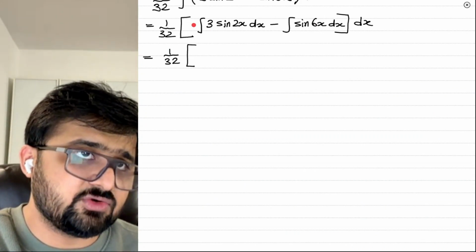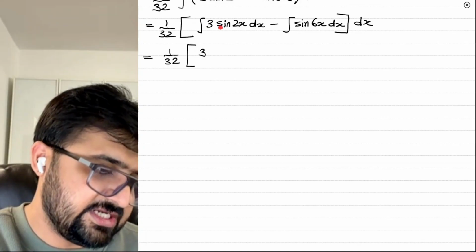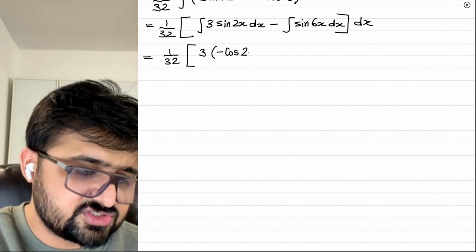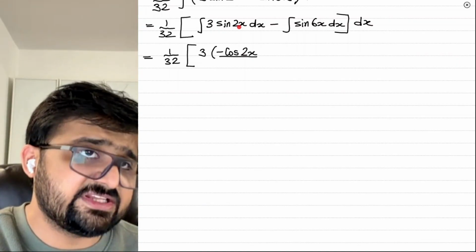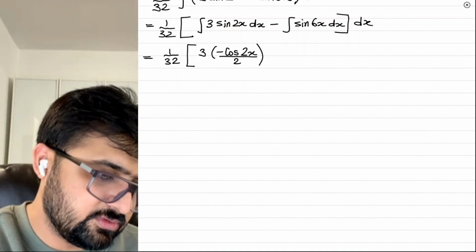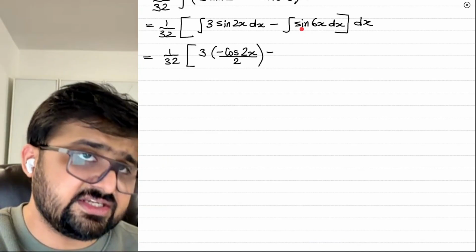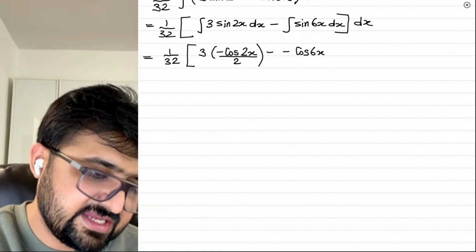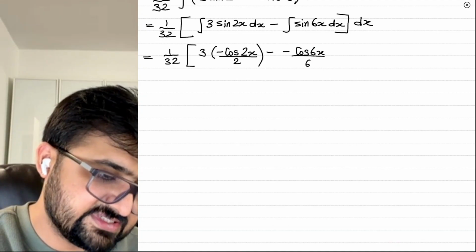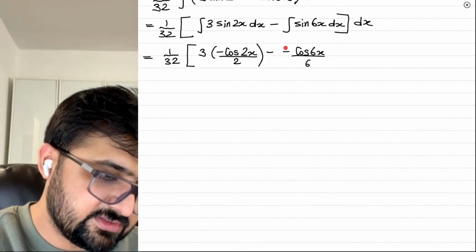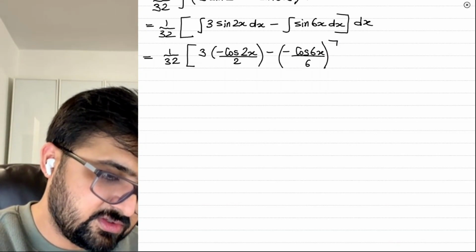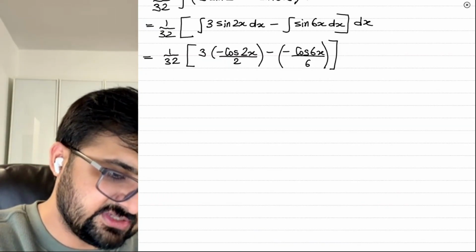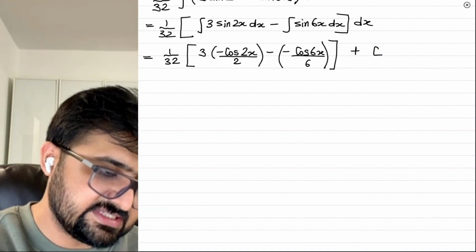Take this 3 out of integration. Integral of sine 2x is minus cos 2x divided by the coefficient of x, which is 2, minus, again, integration of sine 6x is minus cos 6x divided by coefficient of x, which is 6. Close the bracket, and add the constant of integration c.